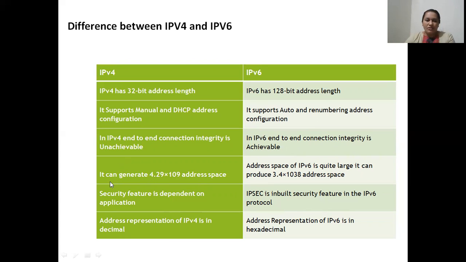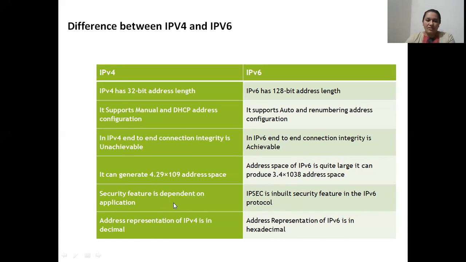The address space of IPv4 is quite small. For today's scenario, it supports only 4.29 × 10^9 addresses, whereas IPv6 has a quite large address space, with 3.4 × 10^38 unique addresses. So this accounts to more than a trillion addresses.